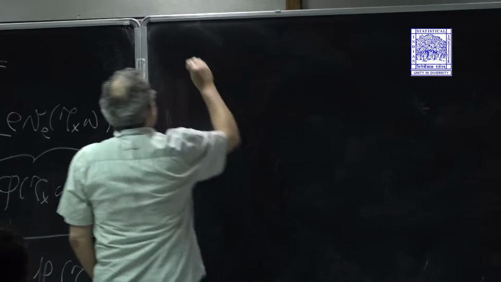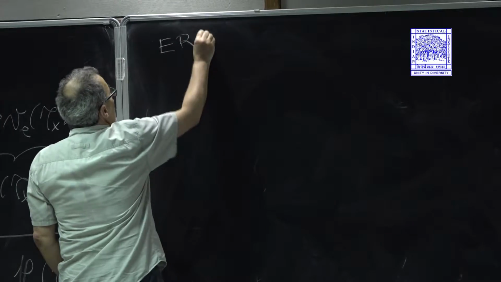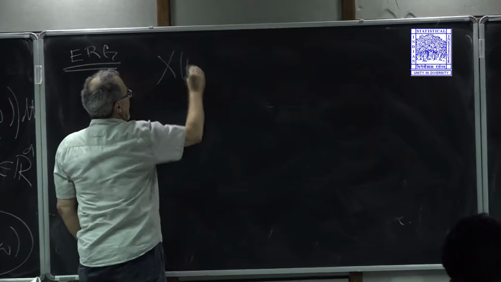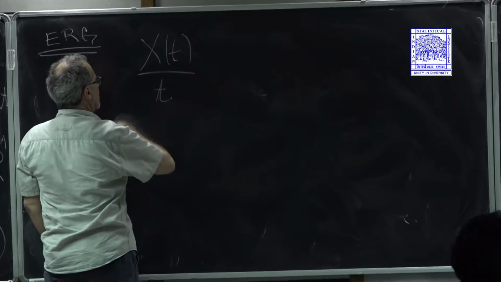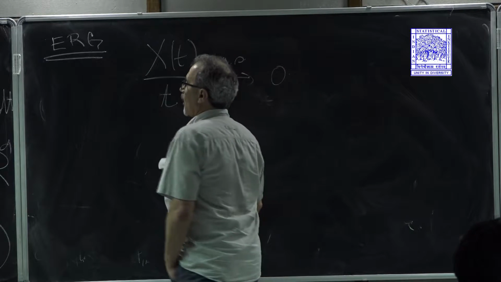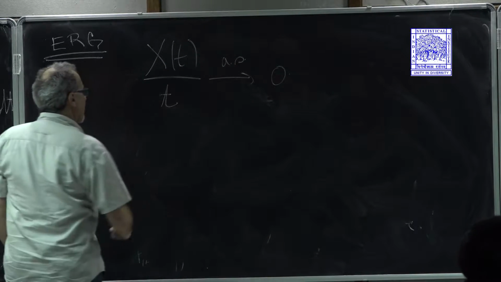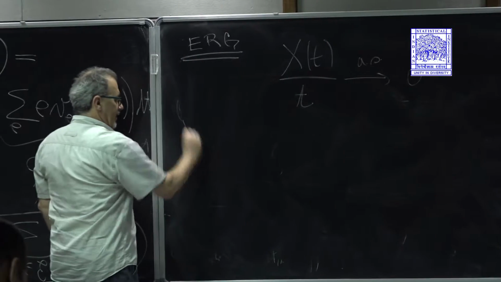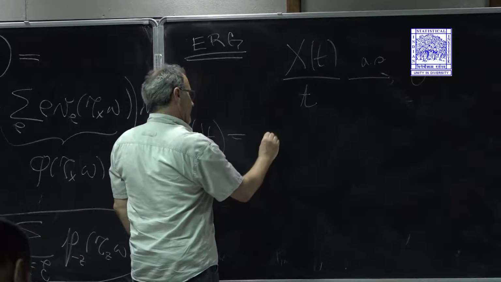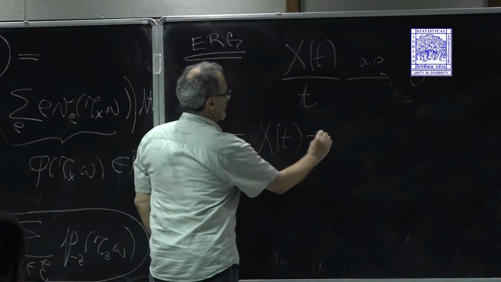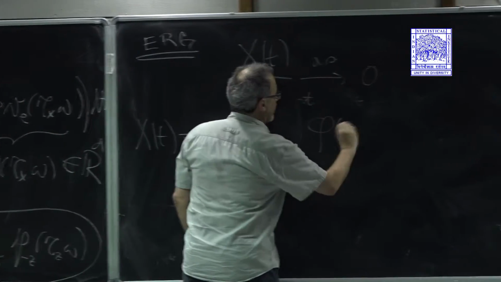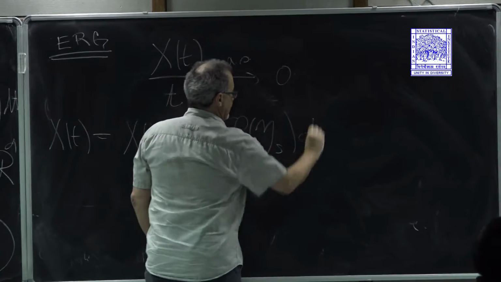Good. Now, by the ergodic theorem, it follows already that X_t over t almost surely converges to 0. Why? Okay, I run a little bit ahead. Because I write X_t as X_t minus the integral from 0 to t of phi of eta_s ds, plus what I subtracted.